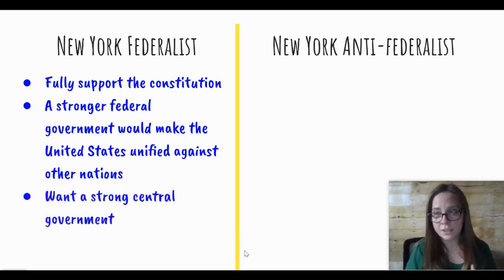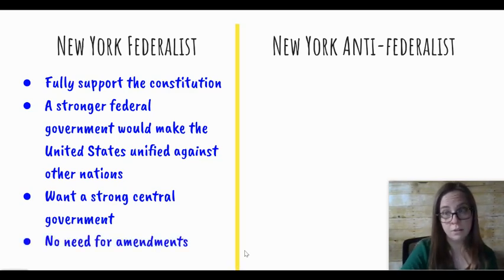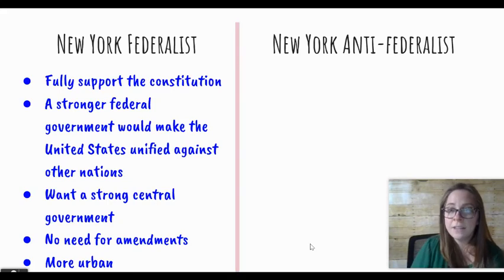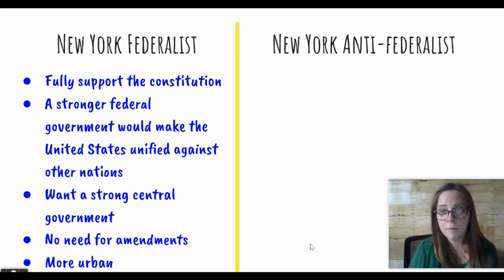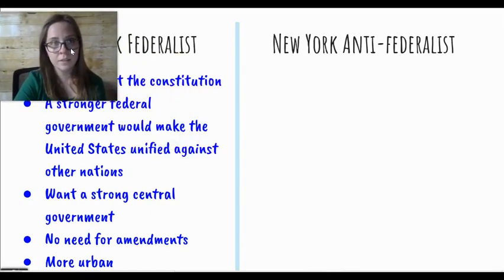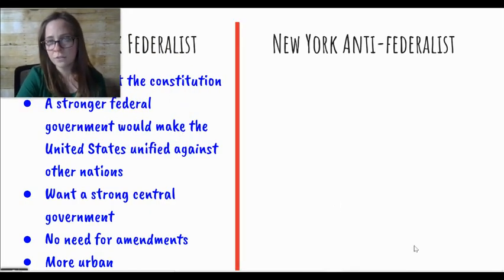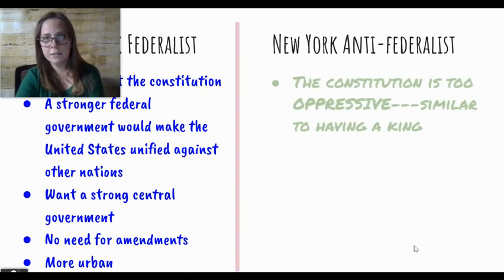They want this strong central government making laws for everybody throughout the nation so that everyone is on the same page. No need for amendments. It's the end-all be-all. This is what's going to be said, and this is what the people need to follow. And a lot of these Federalists are from more urban areas, the more populated places in New York at this time.